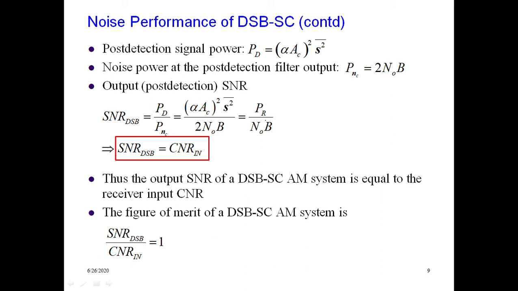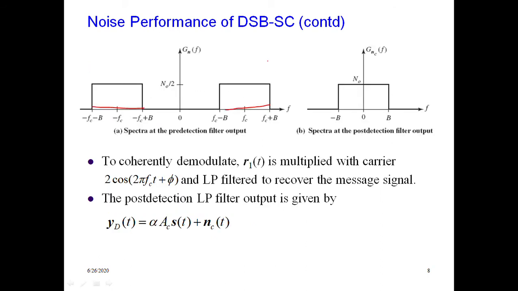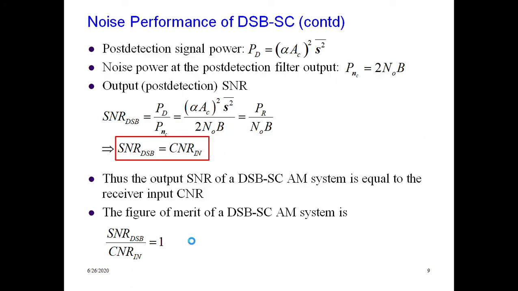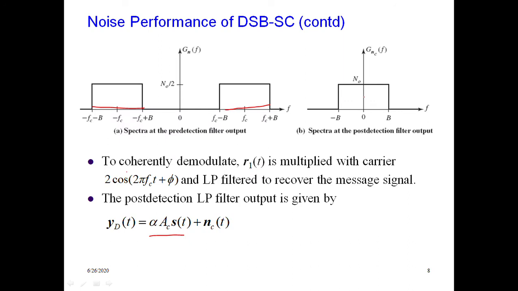If you see this point, we want to know the power at the post detection, which is alpha AC squared multiplied by S squared bar, and then the noise power will be double 2 and not B, because it has two bands, and the noise also occurs at the quadrature, NC and also NS.